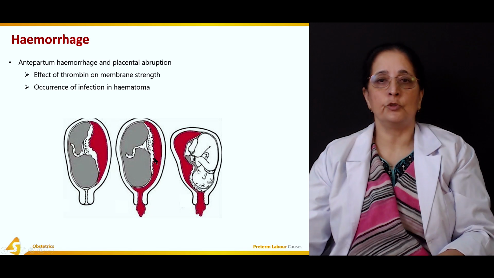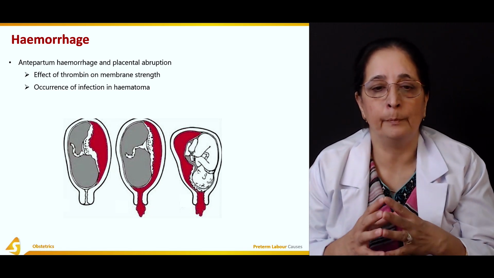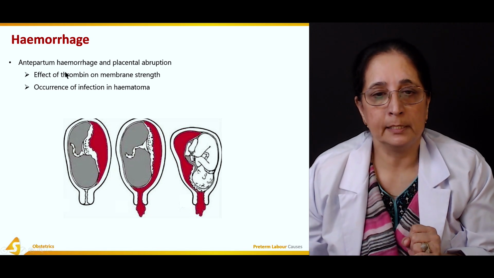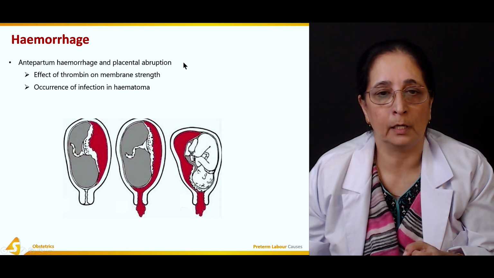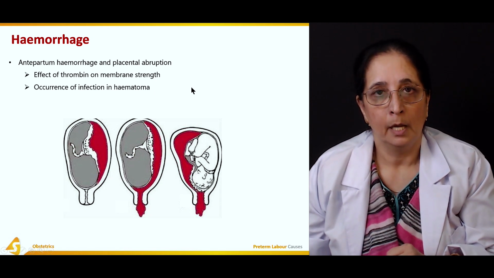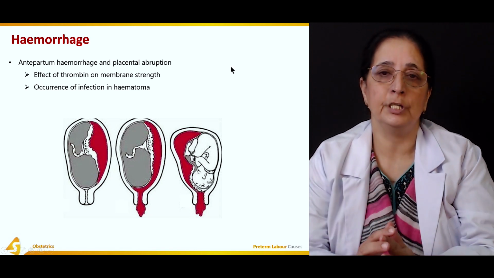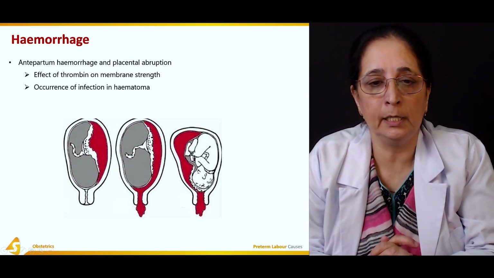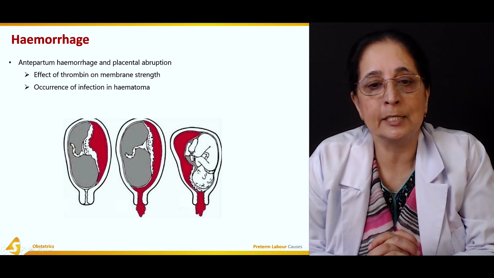So between the uterus and the placenta, there is hemorrhage or blood. Antepartum hemorrhage and placental abruption are the leading cause of preterm labor, and the effect of these hemorrhages is mainly due to the effect of thrombin on membrane strength.